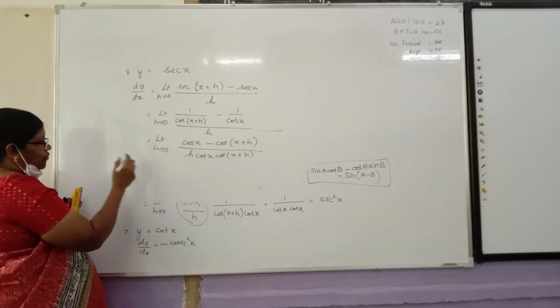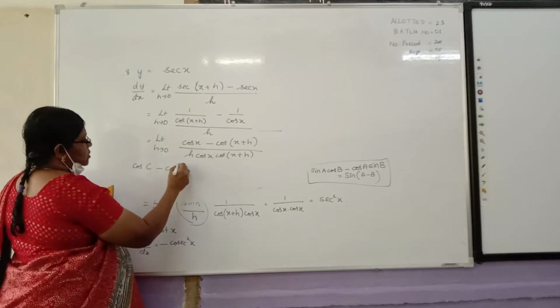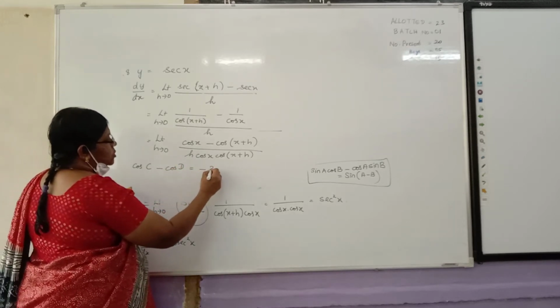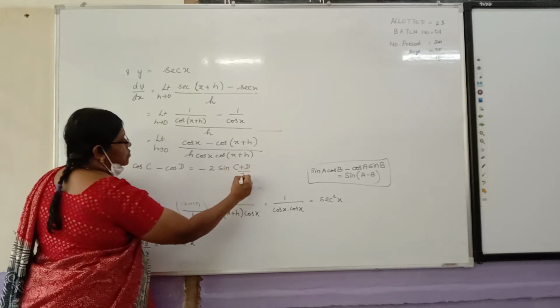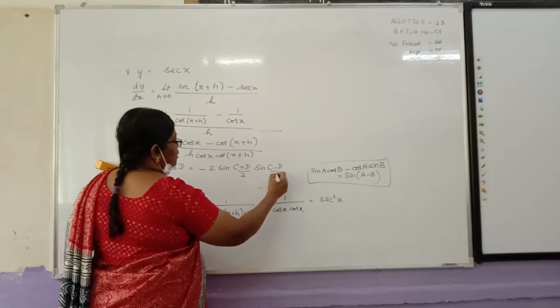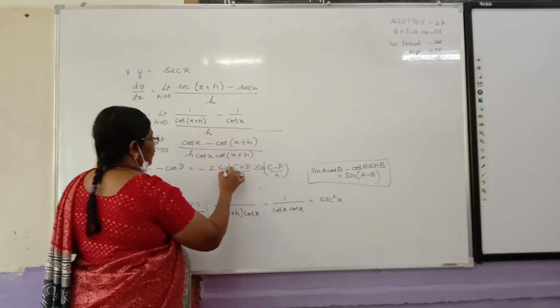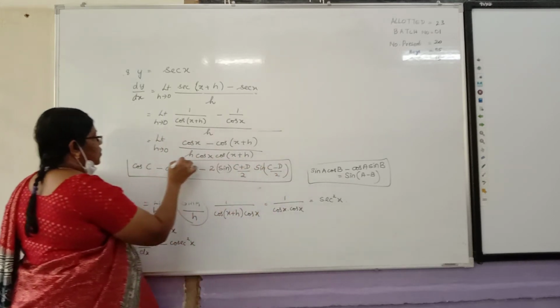So you know the formula for cos C minus cos D. It is minus 2 sin (C plus D) by 2 into sin (C minus D) by 2. This is the formula.